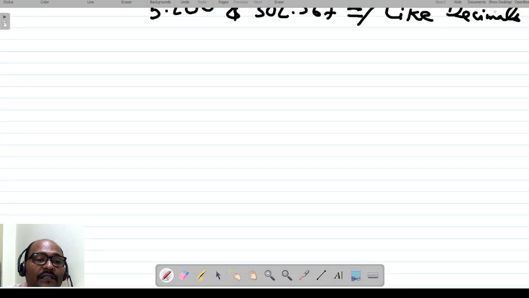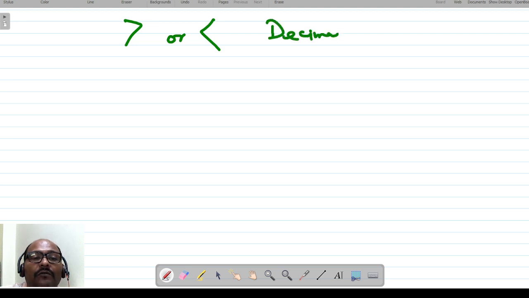Now we will study one more topic, students, very quickly, that is greater and lesser. How do you compare whether two decimals are greater or lesser? Greater or lesser decimal number comparison.